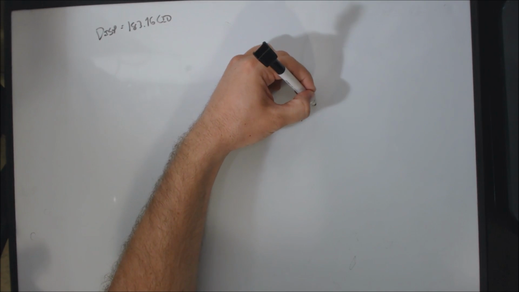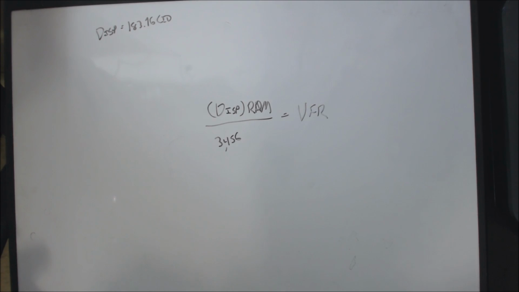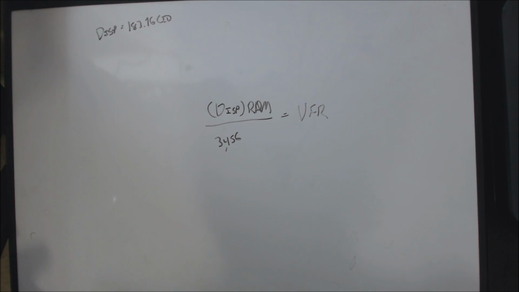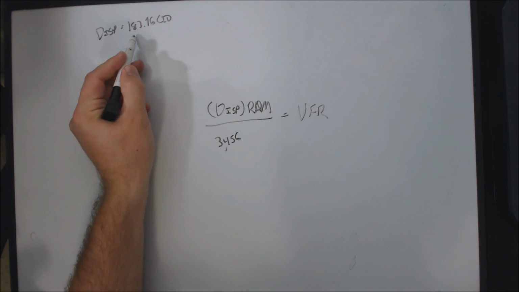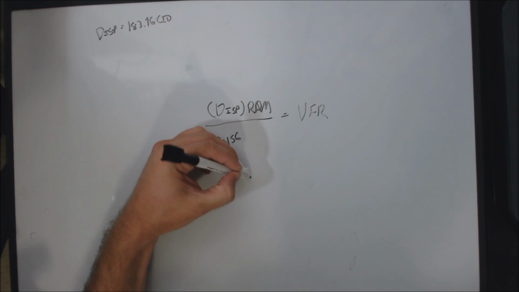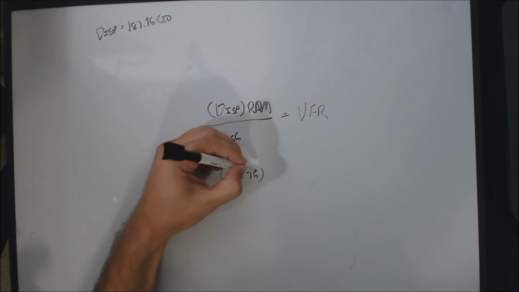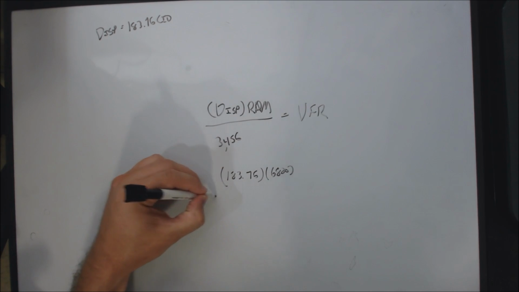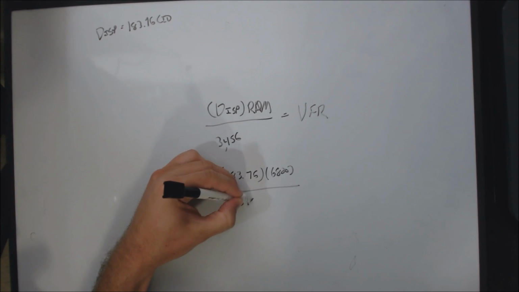This equals my volumetric flow rate, and that's going to be an ideal or a perfect volumetric flow rate. I know my displacement is 183.76, and I multiply that by my RPM. Let's say I redline at 6,800 RPM, divided by 3456.